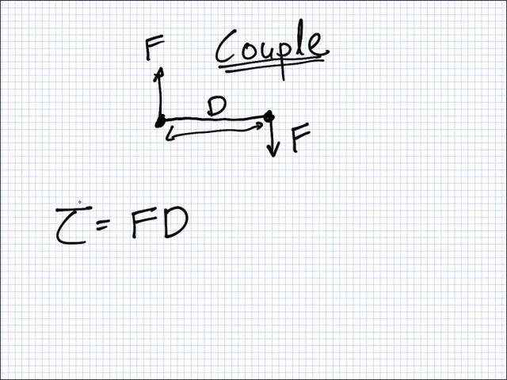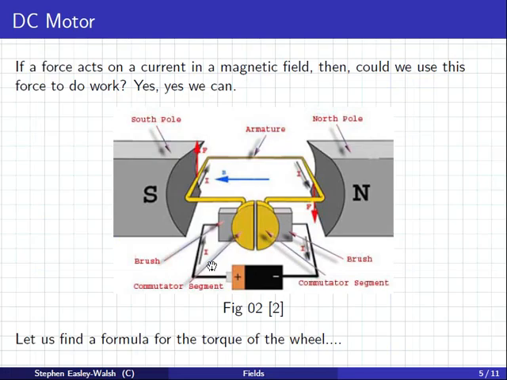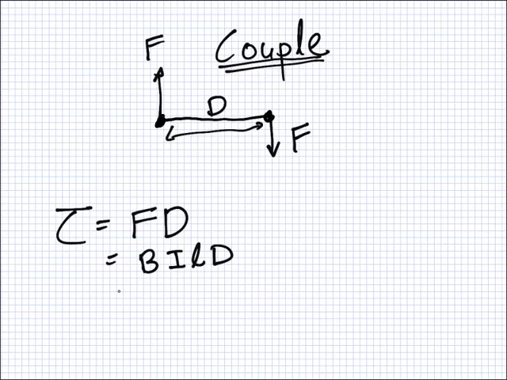Okay. So, what is the formula for F? BIL. So the torque is BILD. However, LD kind of represents something interesting here. What does LD represent? The area. Yeah.